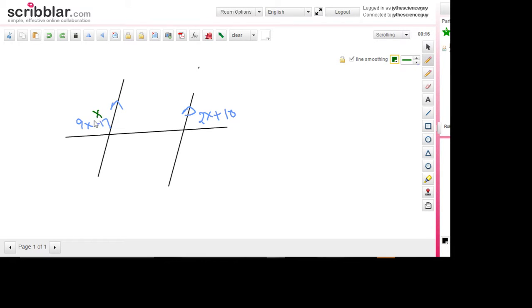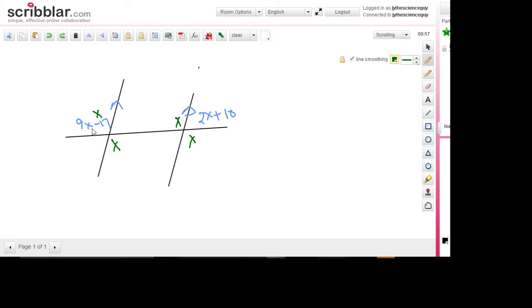So if I start at that angle, that one's 180. This one is the same. That one is 180. This one is the same. That one is 180. This one is the same. So if you go every other angle, did you see how I did that? You can determine whether they're supplementary or equal. All of the x's are equal.